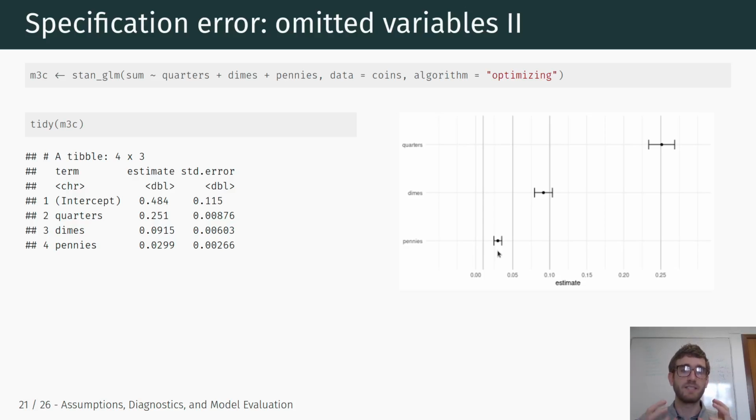So this gives you an example of omitting a variable that is both correlated with the outcome and correlated with one of the predictors. If we omit that variable, then we're inducing what is called omitted variable bias, right? Because now the estimated value of pennies doesn't only reflect the pennies themselves, but it also reflects the nickels, which were correlated with the number of pennies.